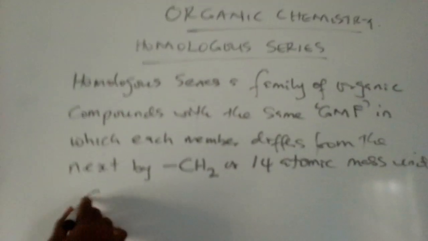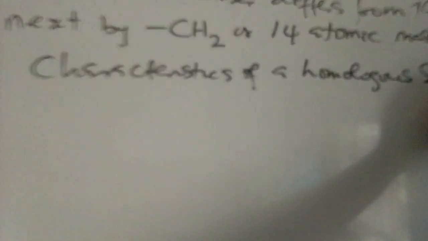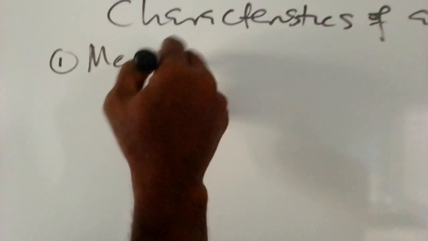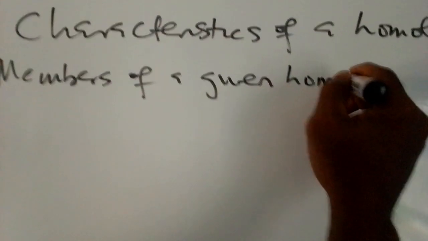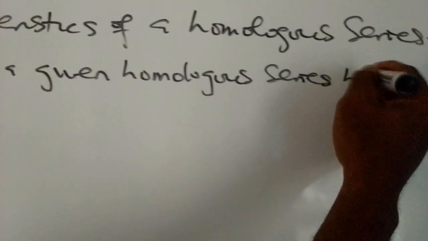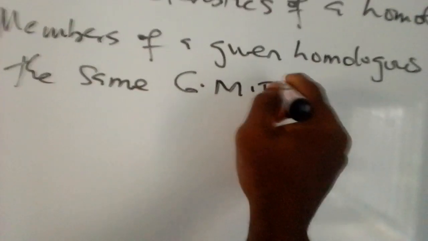So what are the characteristics of a homologous series? What are the general characteristics? Number one, members of a given homologous series, that is homologs, have the same general molecular formula.